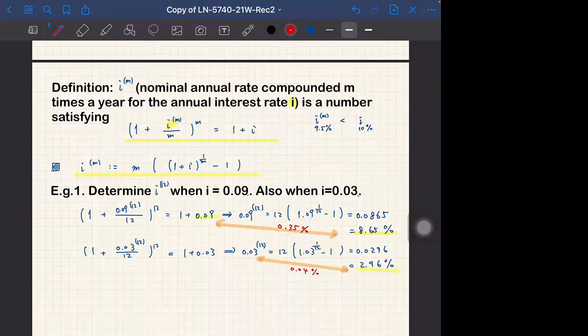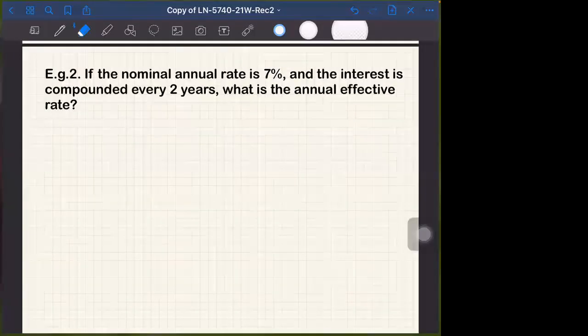This is because compounding means the interest earns interest. So if we have a larger interest, then the power of the exponential function is much stronger, so that we have a much higher effective interest. So the difference between i superscript 12 and i gets larger when i is larger.